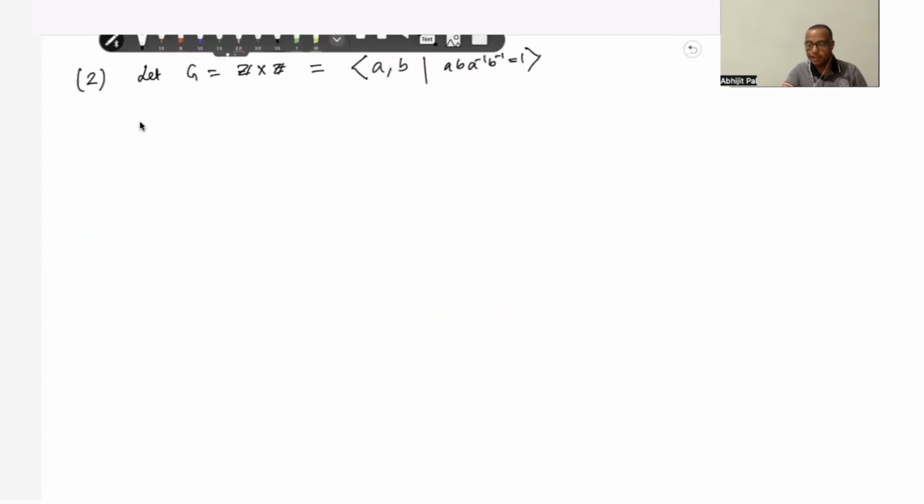Corresponding to the cyclic group generated by this A, again you will get this horizontal line you can take. And corresponding to the generator B, you can take this vertical line.